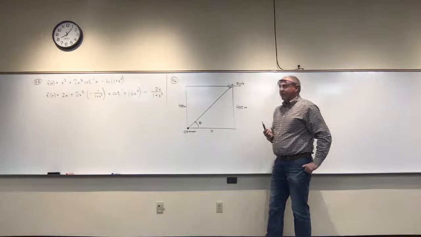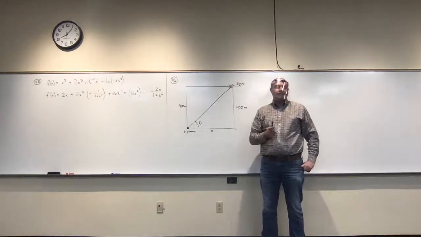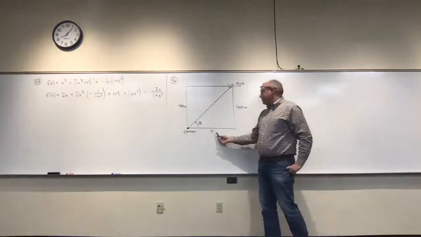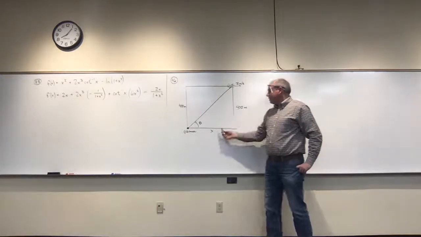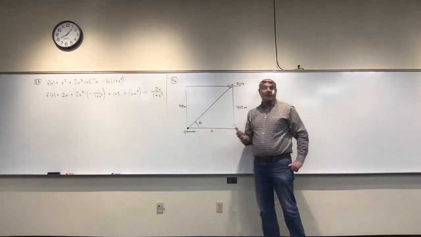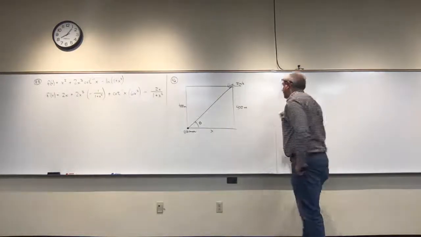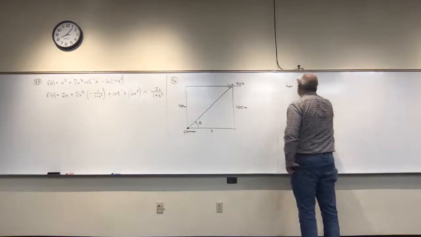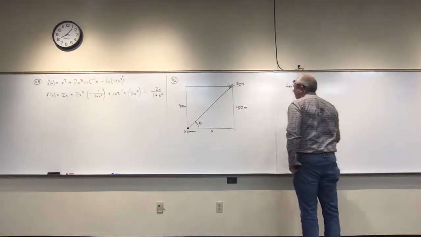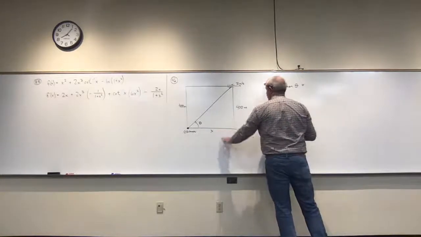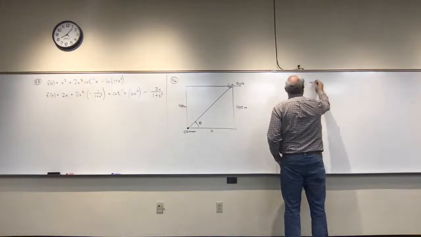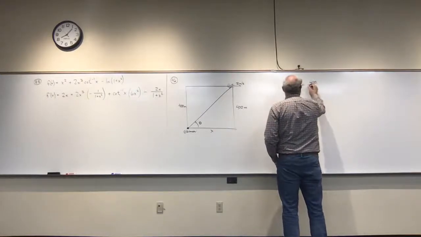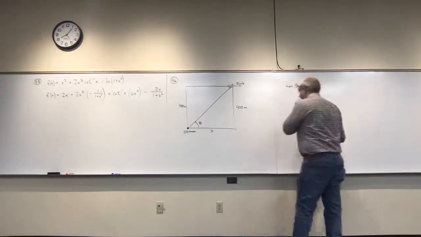Does anybody have a good equation for that? Tangent, yeah, because tangent involves the opposite side, the adjacent side, and the angle. So tangent of theta is equal to the opposite over the adjacent, so it's equal to 400 over x.